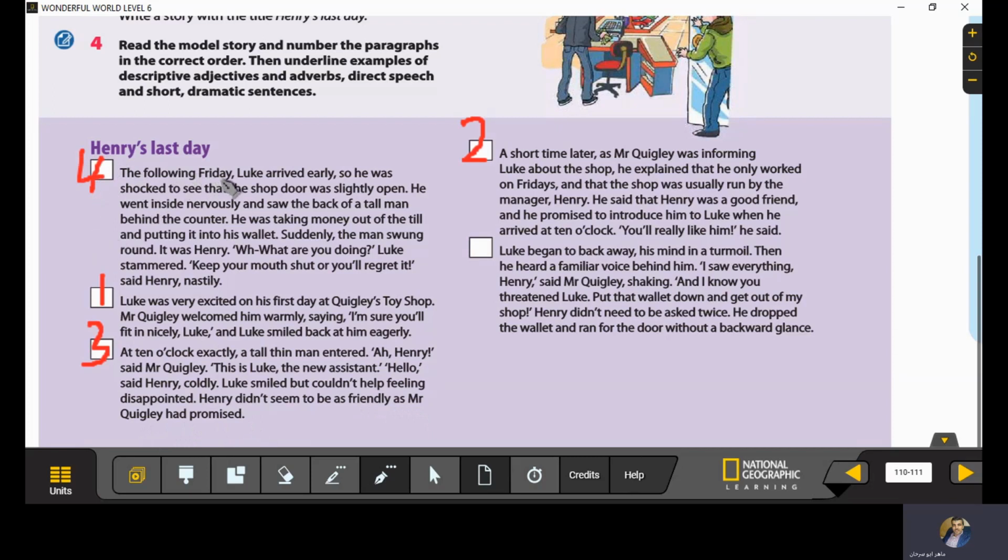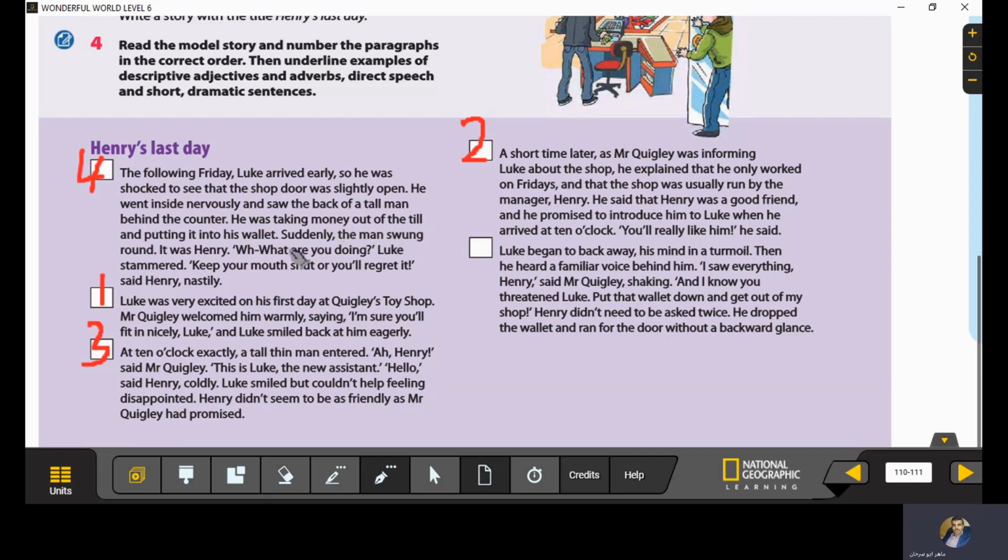The following Friday, Luke arrived early, so he was shocked to see the shop door was slightly open. He went inside nervously and saw the back of a tall man behind the counter. He was taking money out of the till. The till is the cash.